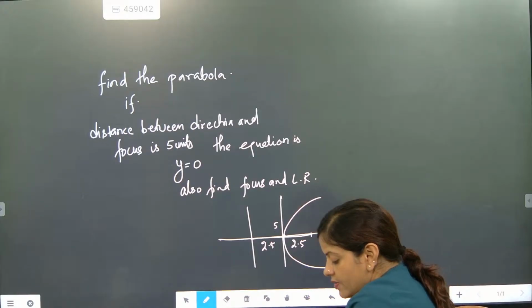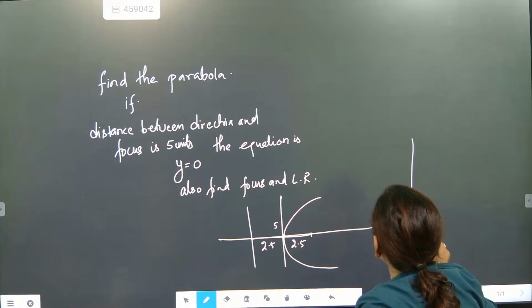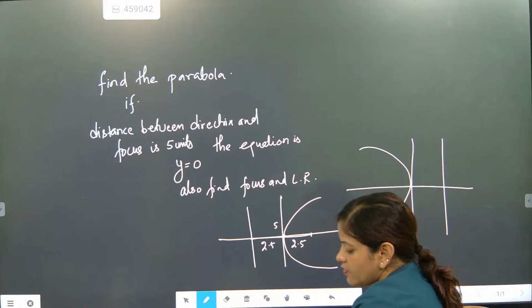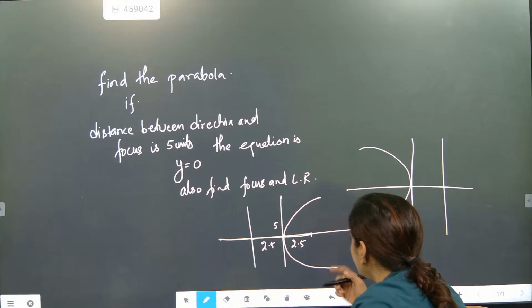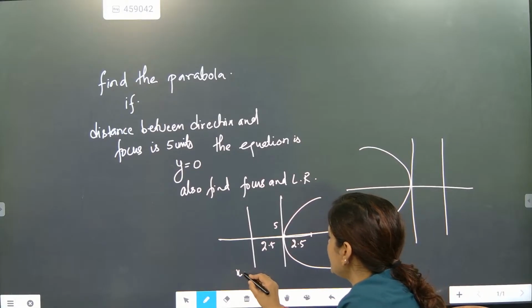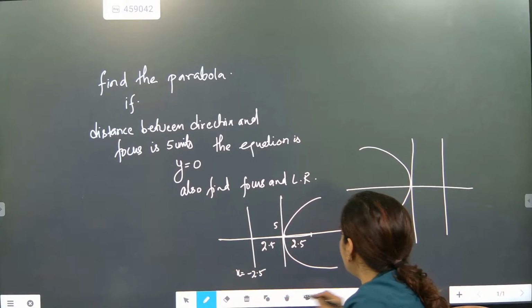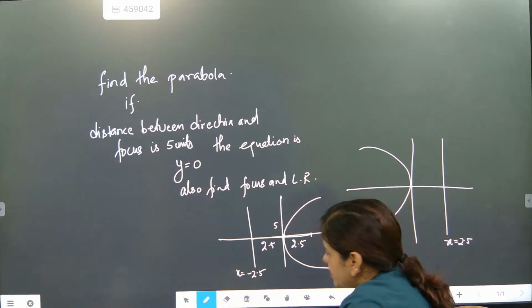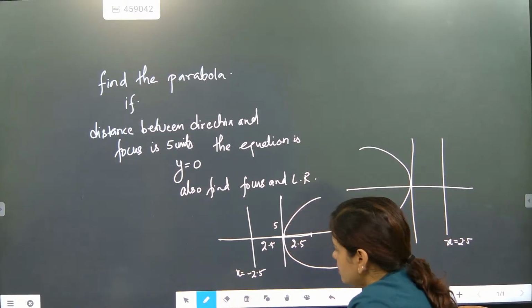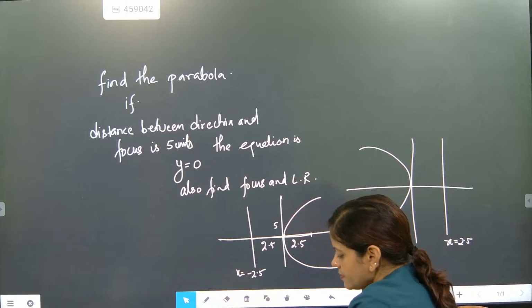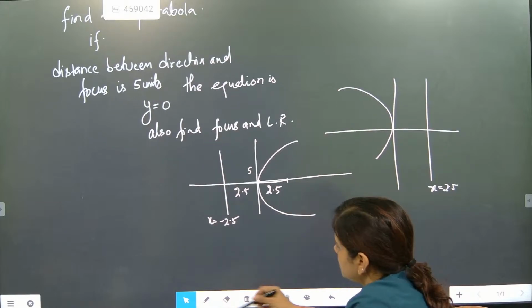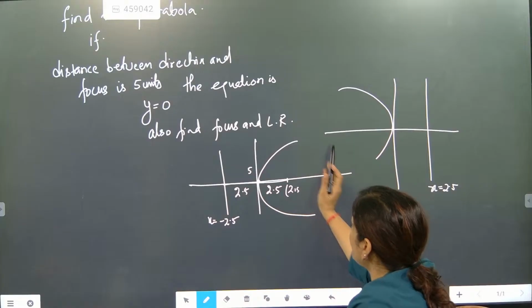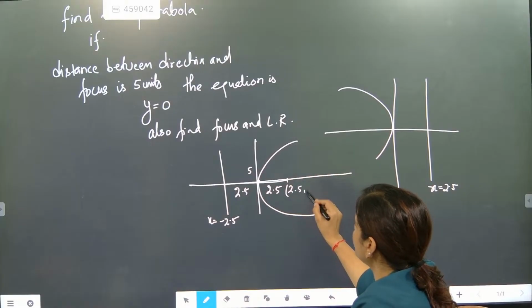Either the parabola equation will be like this or like this, because the directrix can be positive also and negative also. They did not put anything about it. So x can be equal to minus 2.5, and here x can be equal to 2.5. The vertex is 0, comma 0. So the focus will come to 2.5, comma 0.